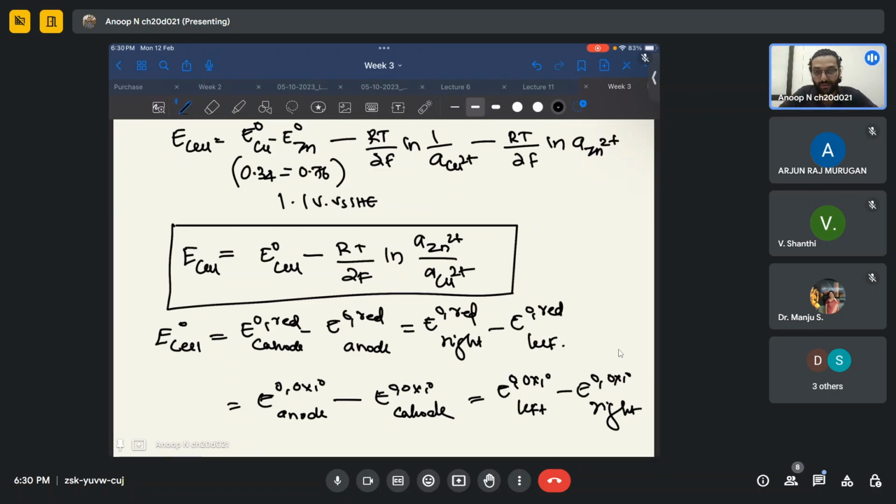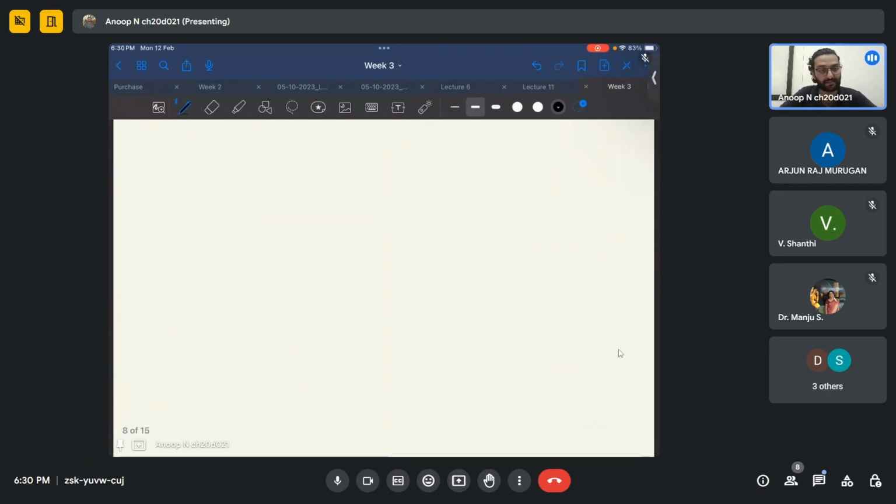Does anyone want to try it in the oxidation mode and check whether it comes the same after derivation? Or if everyone is comfortable with this, I will directly move. Anyone want to see how it comes if I write the equations in oxidation mode? Anyone?